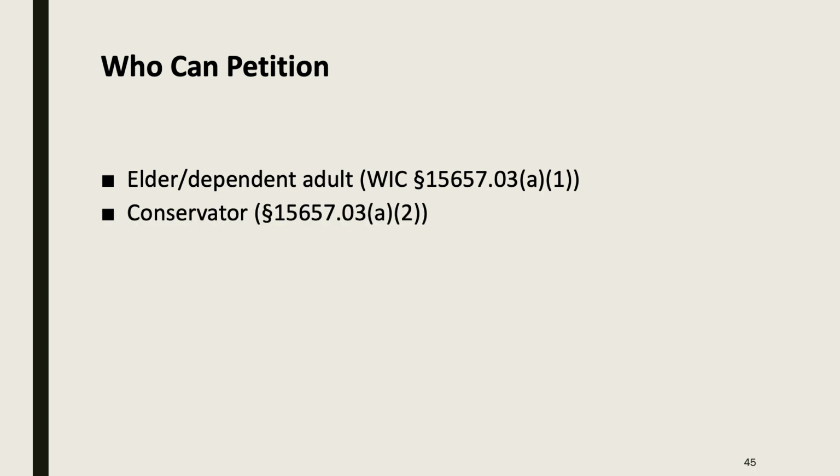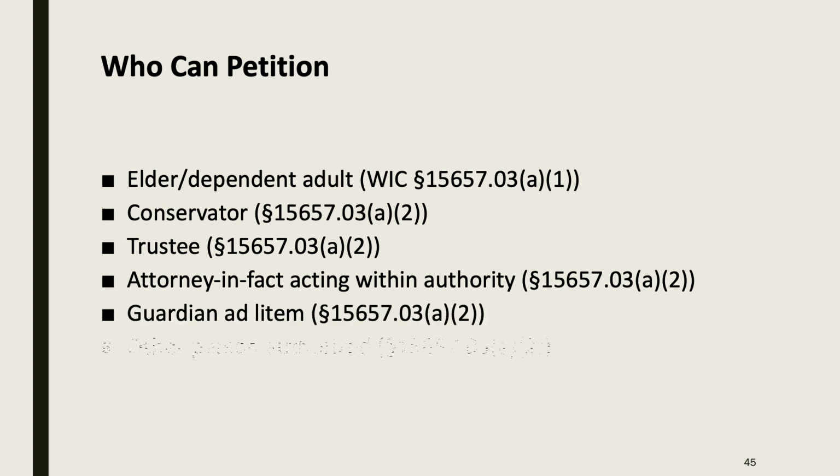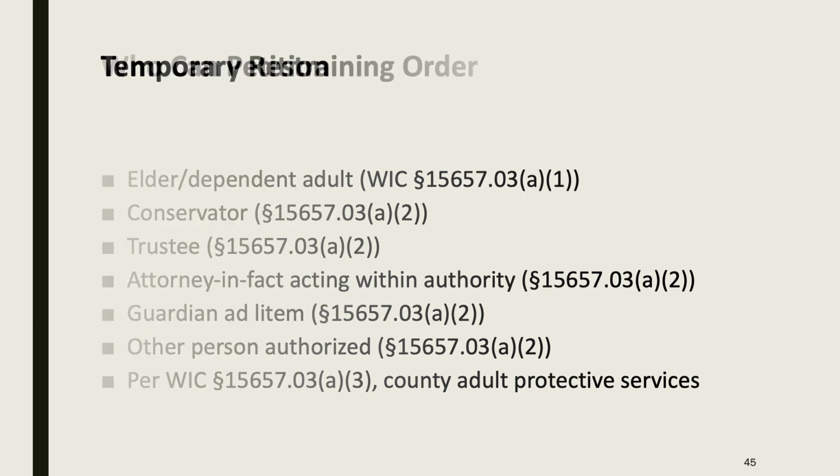The conservator can do it. The trustee of the person can do it. The attorney in fact, acting within the authority of that attorney in fact designation, a guardian ad litem can do it, or any other person authorized by law. And according to Welfare and Institutions Code, County Adult Protective Services can also ask for these orders.